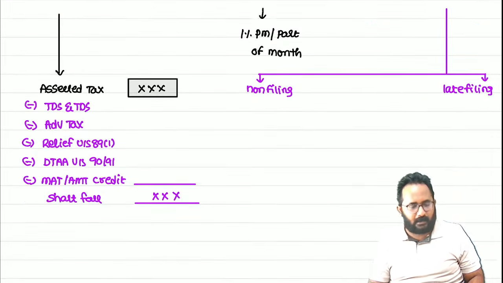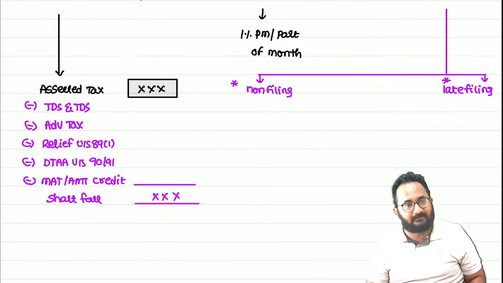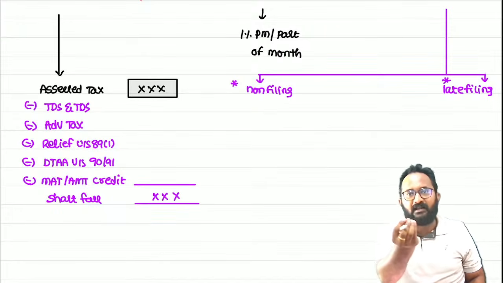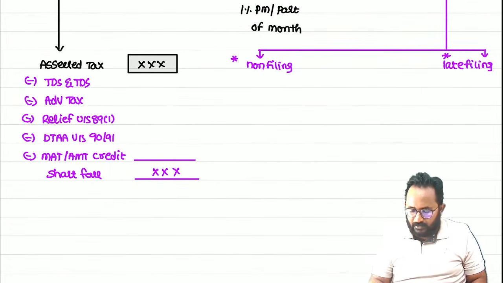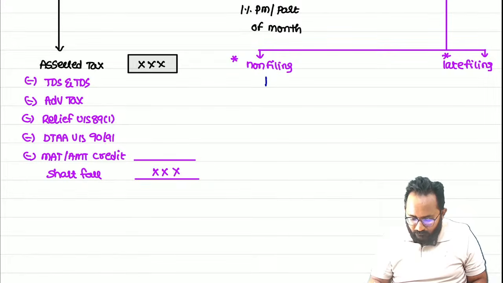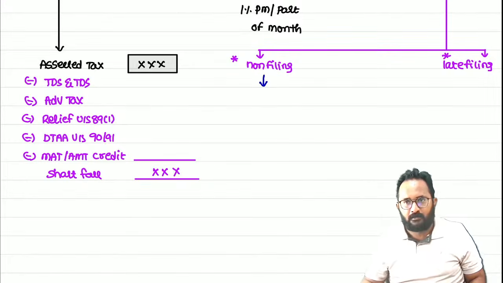For non-filing we have to give more punishment, right? Late filing means we have to give less punishment. Why? Anyhow you filed in a belated manner. Okay, first we'll discuss the non-filing related. Can I give one shortcut or one clarity?